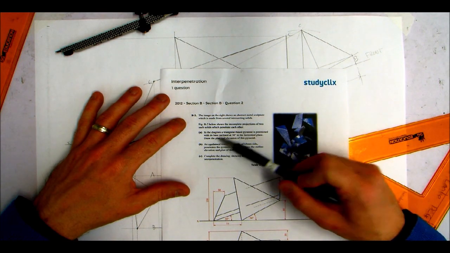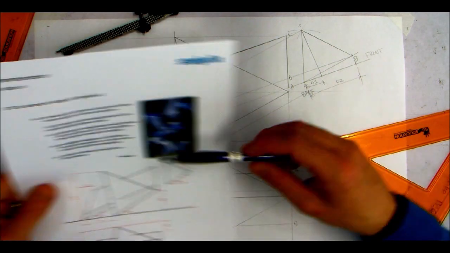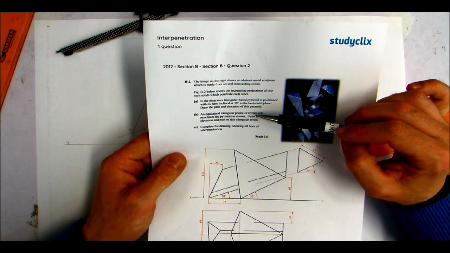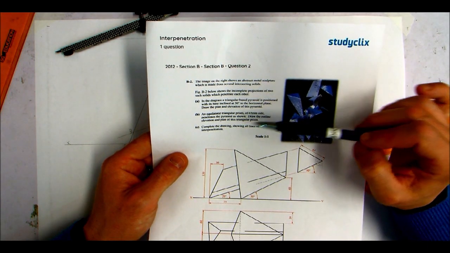Draw the plan and elevation of this pyramid. Okay, so the pyramid is drawn. Then part B is an equilateral triangular prism of 65mm side penetrates this pyramid as shown. Draw the outline, elevation and plan of this triangular prism.